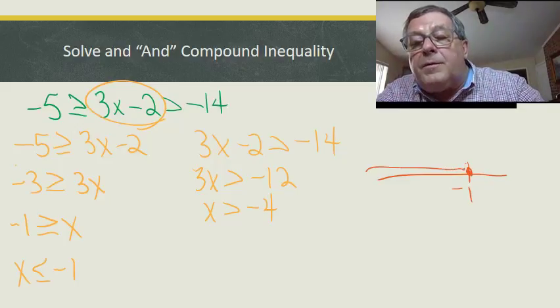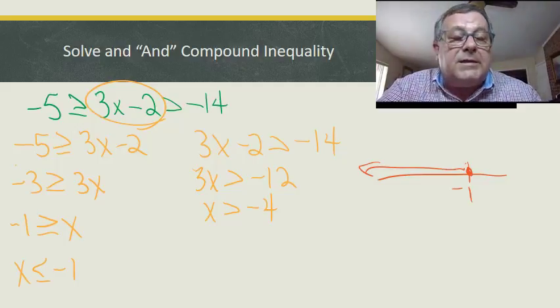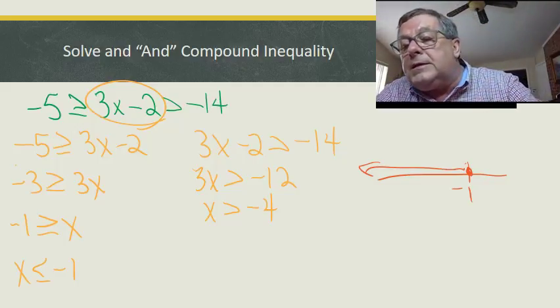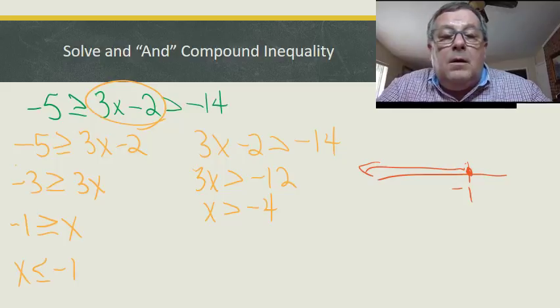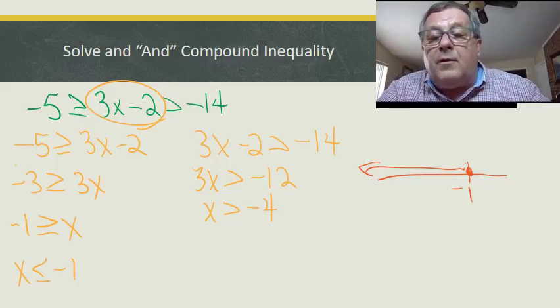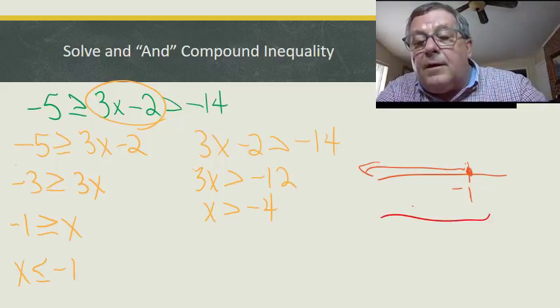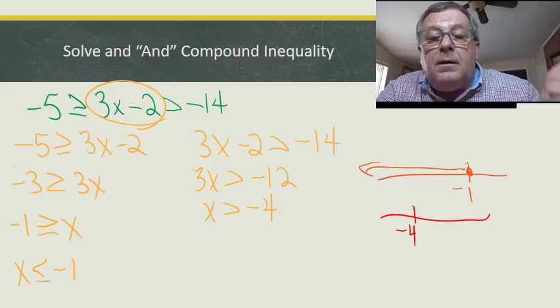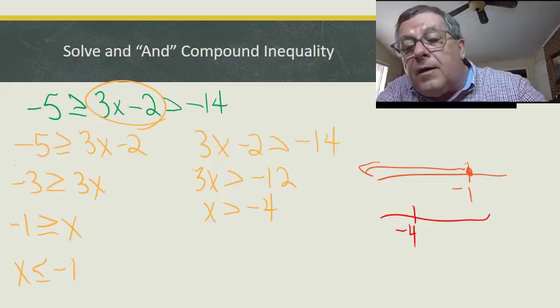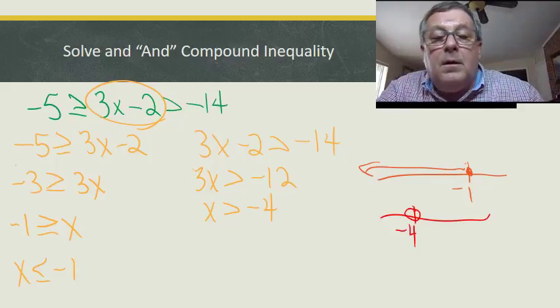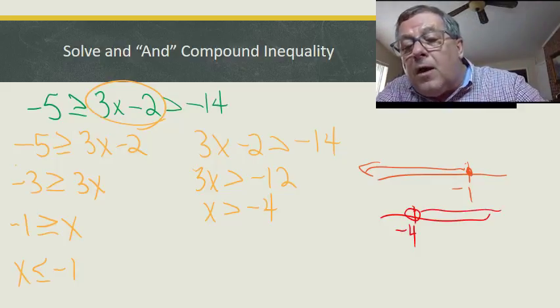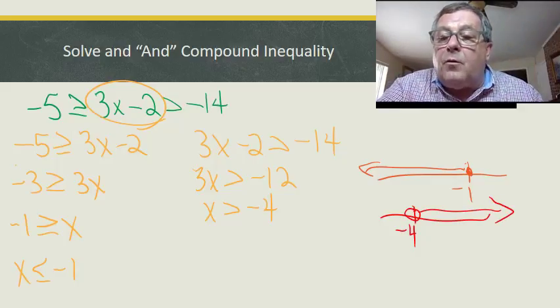And my graphic representation would be going like this, less than or equal to. And let's look at this second part. So here we're saying x is greater than -4. So let's say we got -4 right here. Now this is just a simple greater than, so I've got an open dot. And it's greater than, so my graphic representation would be headed to the right this way.